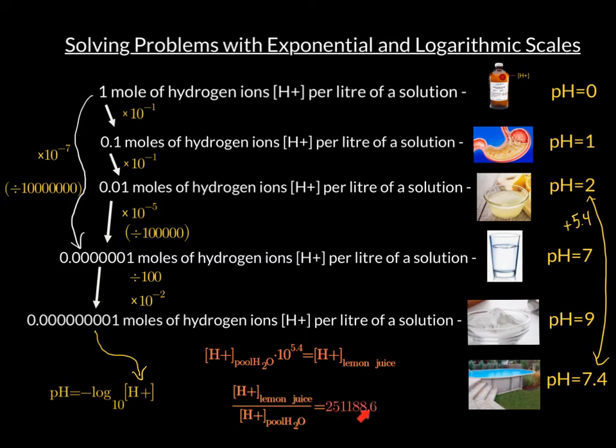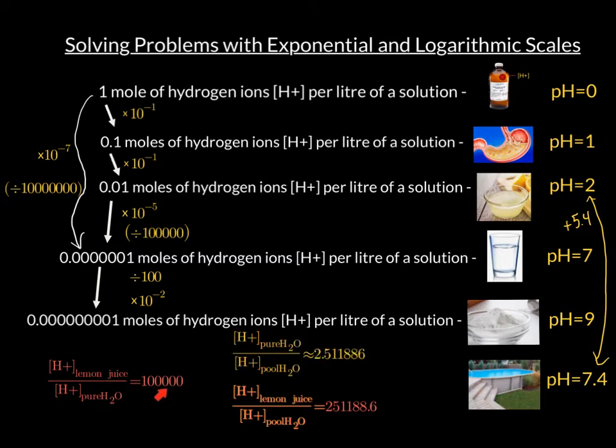You may have noticed that lemon juice has a pH value that's 5 less than pure water, which means it's actually 100,000 times stronger than pure water. So you could have just multiplied our original answer by 100,000 and gotten the same results.